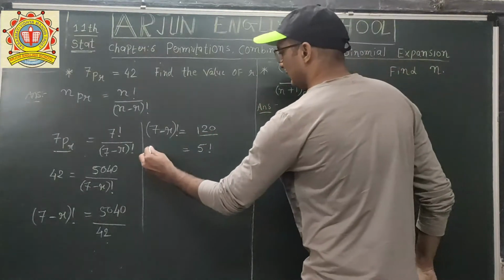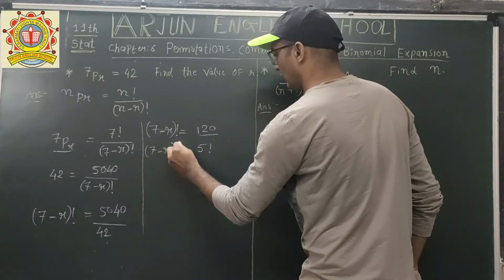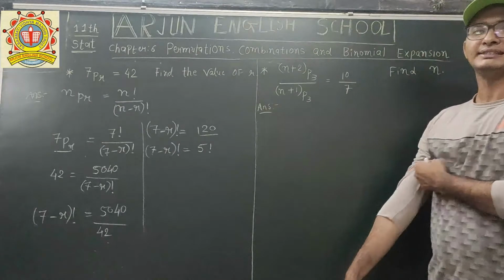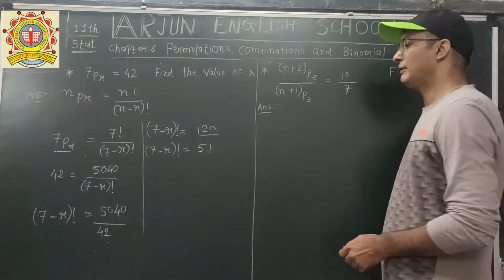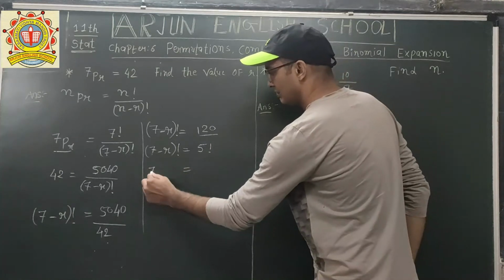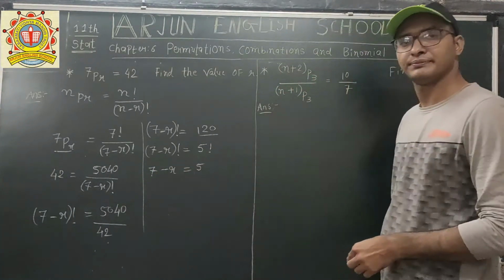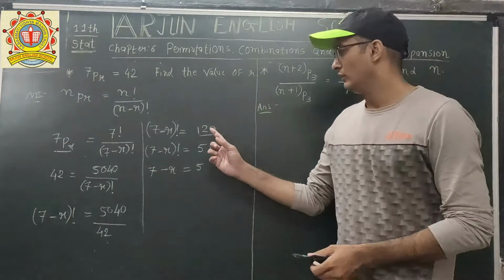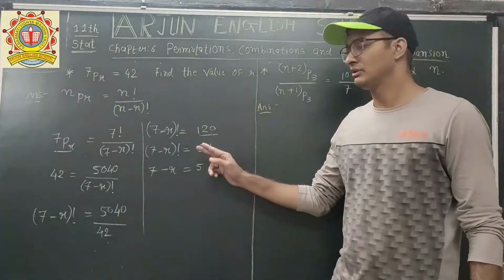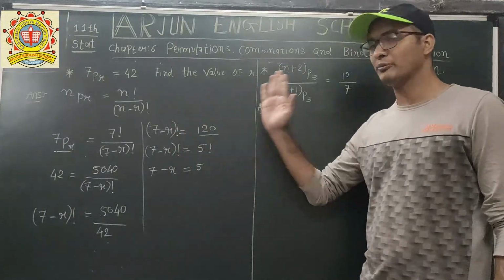And here it is (7 minus r) factorial as it is. Now if I remove the sign of factorial on both sides, then it comes to 7 minus r is equal to 5. Once again, 120 is 5 factorial, and we remove the factorial sign from both sides.